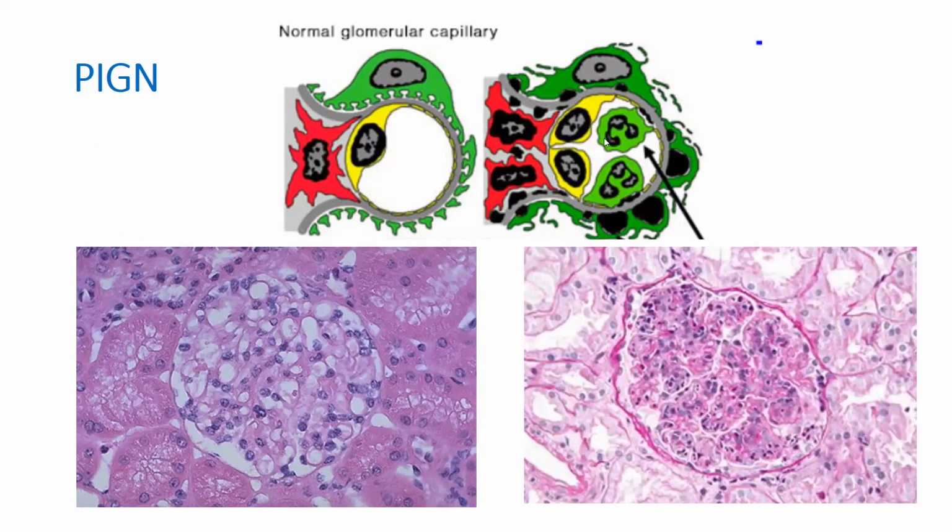You can see there are neutrophils, and the lumen of the glomerular capillaries are obstructed. So this is the biopsy of a similar patient. You can see here, you can nicely see these glomerular capillaries, but here you can see all the neutrophils that are going to obstruct the capillary lumens. So this is a typical picture of a post-infectious glomerulonephritis.